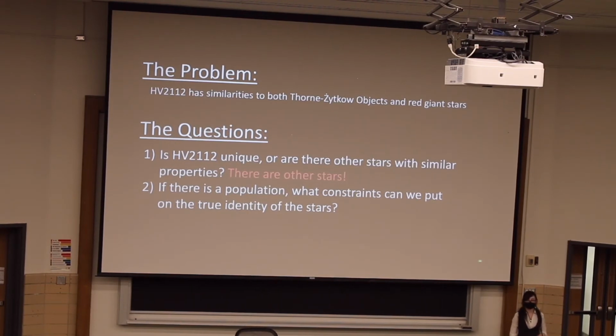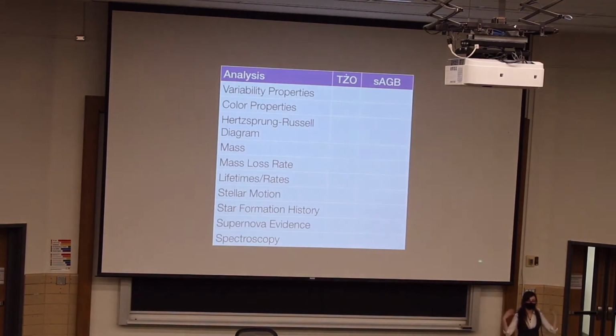But then the second question is a lot more complicated. What can we do to try and figure out the true identity of these stars? So what we did was we threw the kitchen sink at this problem. We did every single type of analysis that basically we could possibly think of in order to try and tell if there was any way to tell the difference between the two suspected identities of these stars.